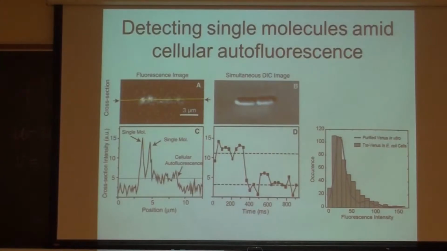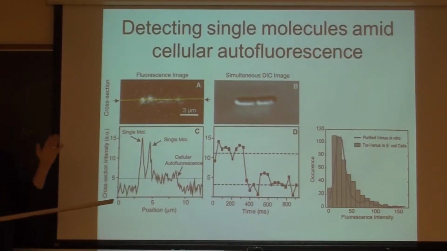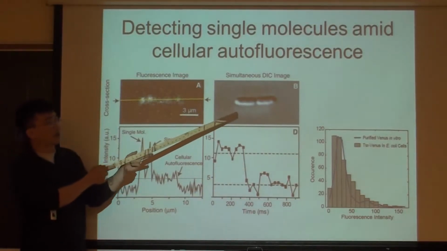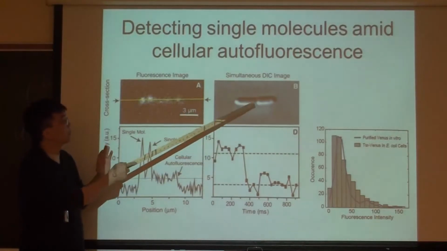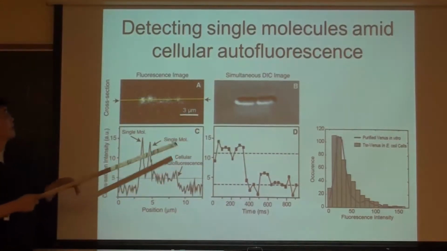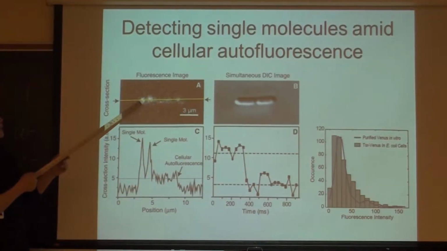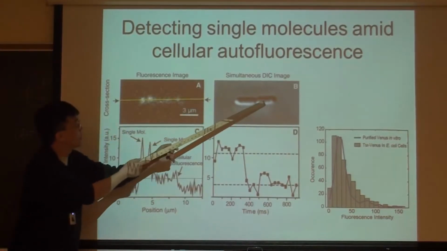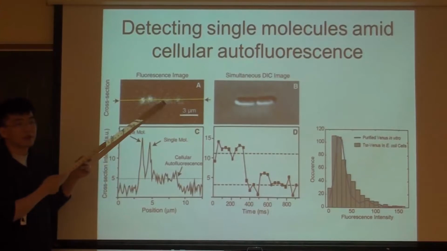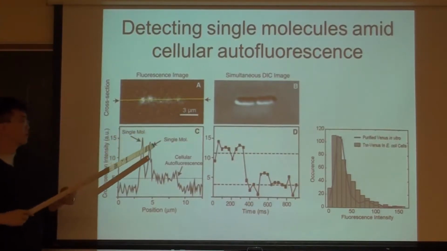By the way, this is just a demonstration that they can do single molecules. So this is the regular light microscopy, no fluorescence, just showing two cells, and then they can see a fluorescent spot here, while this one doesn't show any fluorescent spot, just cellular background autofluorescence.